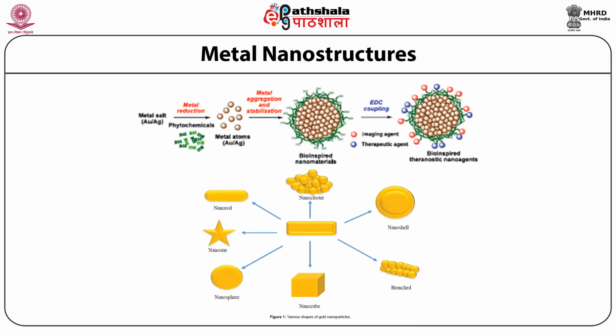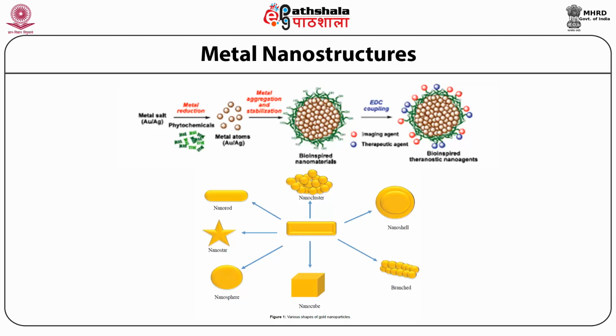But if you have a rod-like structure, those electrons can oscillate in 2 different directions, longitudinal or transverse, and based on that you see two different bands in the surface plasmon resonance. This is what you can see in the right-hand structure.